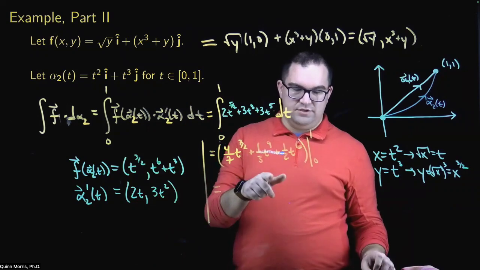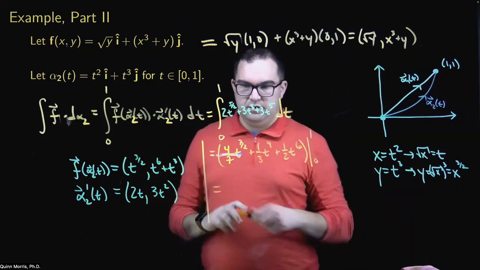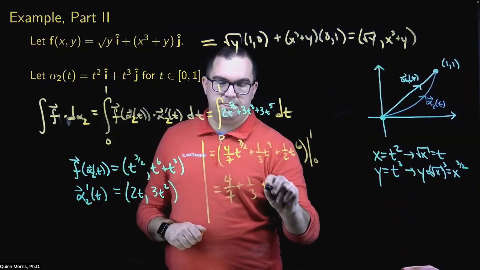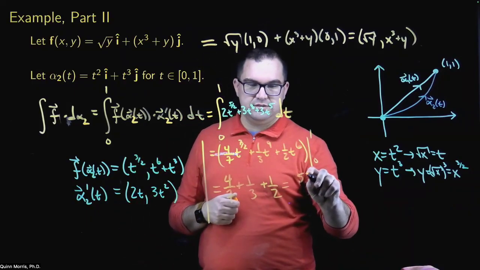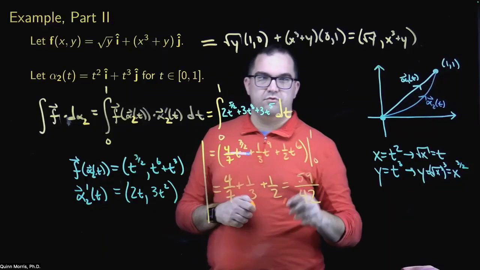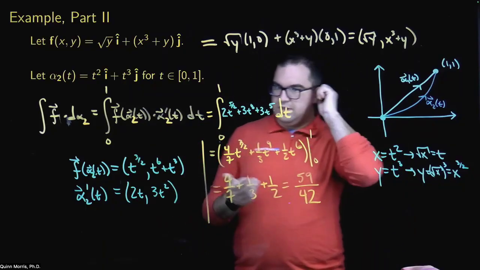At 0, all of these are 0. At 1, each of the variable pieces just becomes 1. So I get 4/7 plus 1/3 plus 1/2, which a little arithmetic will give us is 59/42. All right, so again, it's just calculating another example.